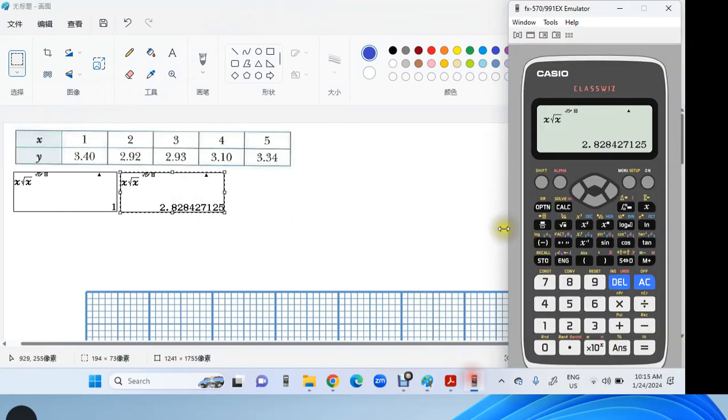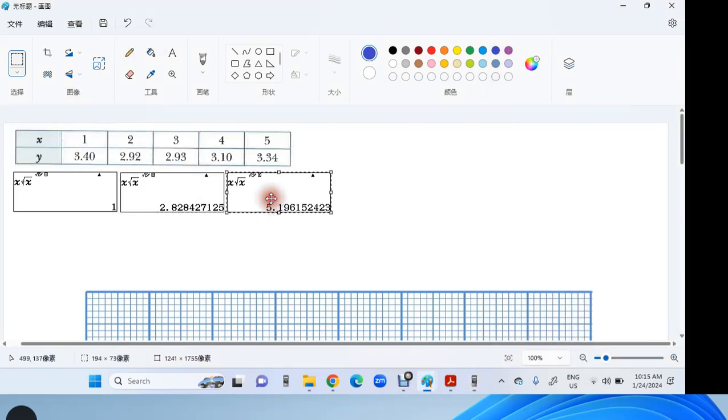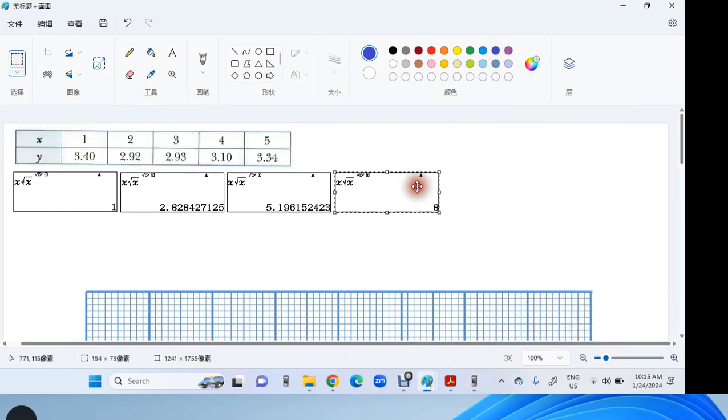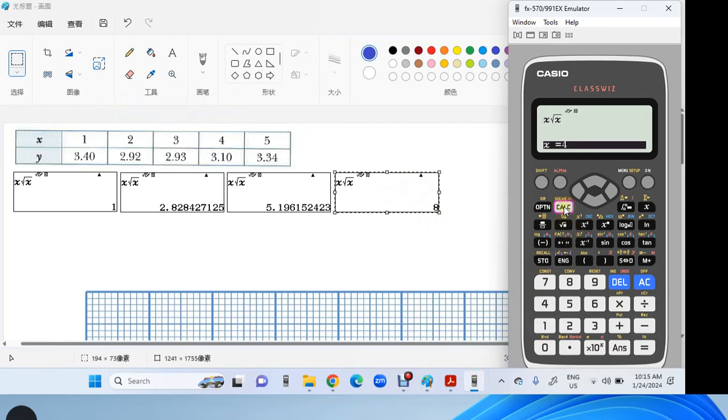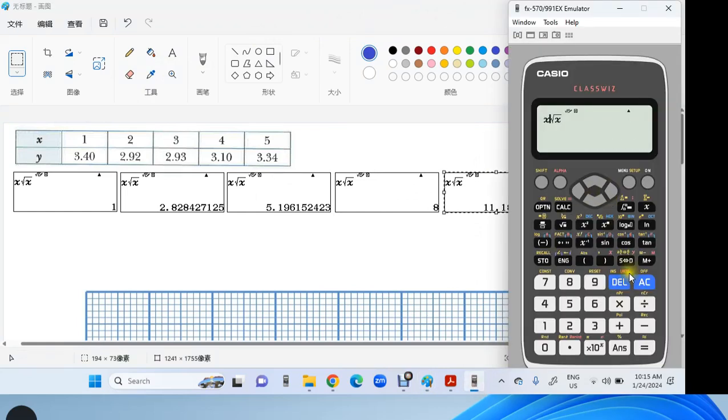We substitute 3, then it will become 3 square root 3, 5.196, 5.20. Then we substitute 4, then 4 square root 4 is 8. We substitute 5, then it will become 5 square root 5, 11.18.